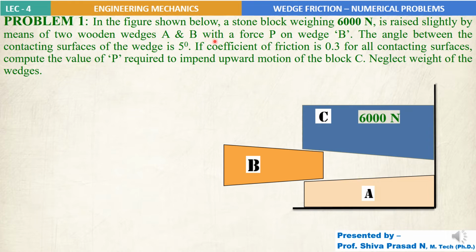So they have also mentioned in the problem, a force P on wedge B. So the wedge B is applied with force P, and due to this application of force P, this wedge is moved forward in the right direction, and this causes the uplifting of this particular stone block C. So you can just observe that.